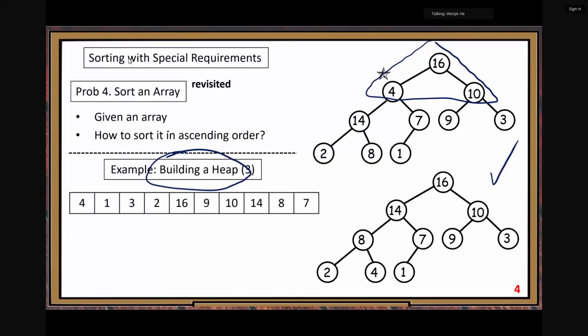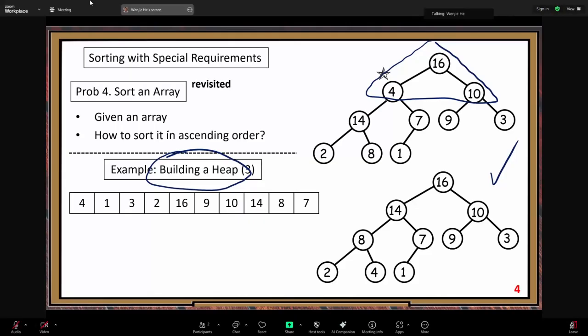The total number of comparisons is adding up all the comparisons to build a max heap.